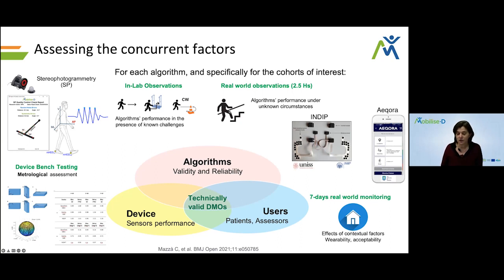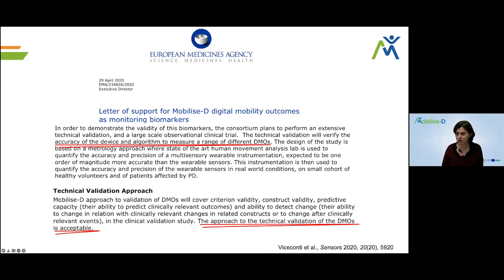This protocol is available and fully described in detail in the paper that you see in this slide, but most importantly it is a protocol that for us has also been part of the first submission that we had with the European Medicines Agency, where we presented this approach of clearly separating the device and the algorithms so that we could in the future replicate our DMOs also with new devices.